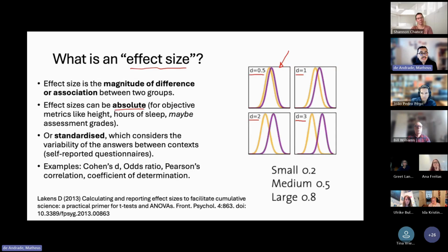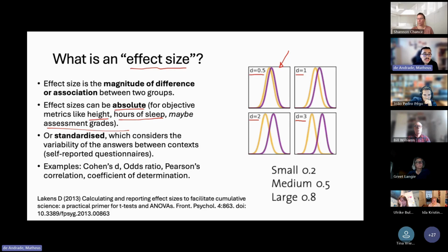For example, height, hours of sleep, or maybe even assessment grades are pretty meaningful metrics. I have a metric tape to measure height, I have a clock to measure sleep, and those are pretty much the same all around the world. So I can talk about an effect size as the difference between two groups.